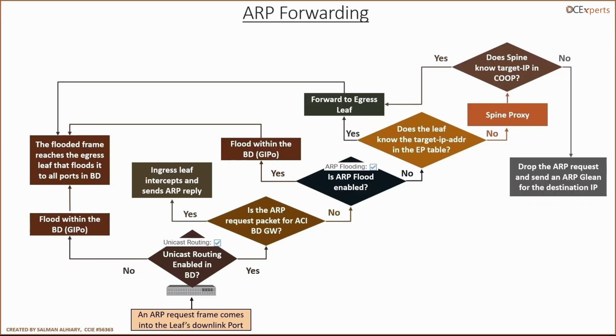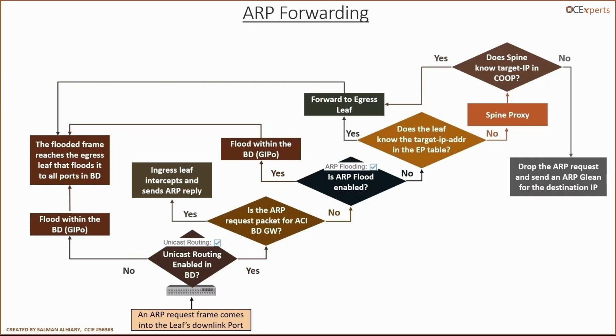So to summarize, if the unicast routing is disabled or the ARP flooding option is enabled, ACI floods ARP request messages within the bridge domain. And we saw how the flooding within the bridge domain happens in the previous section. If the unicast routing is enabled while the ARP flooding option is disabled, and the ingress leaf has learned the target IP, it sends the ARP request to the egress leaf.